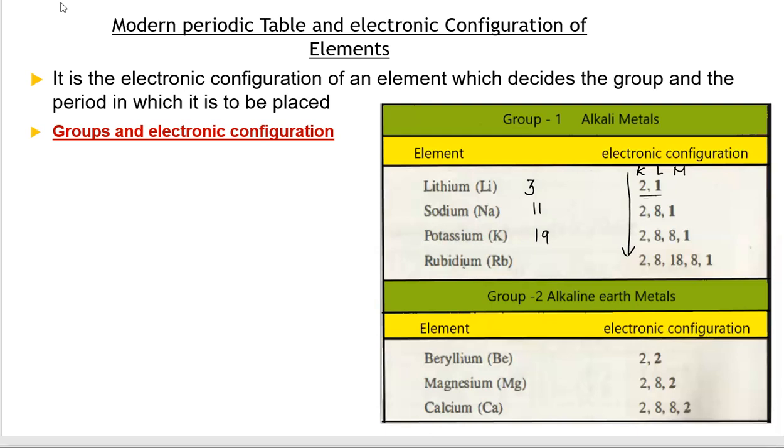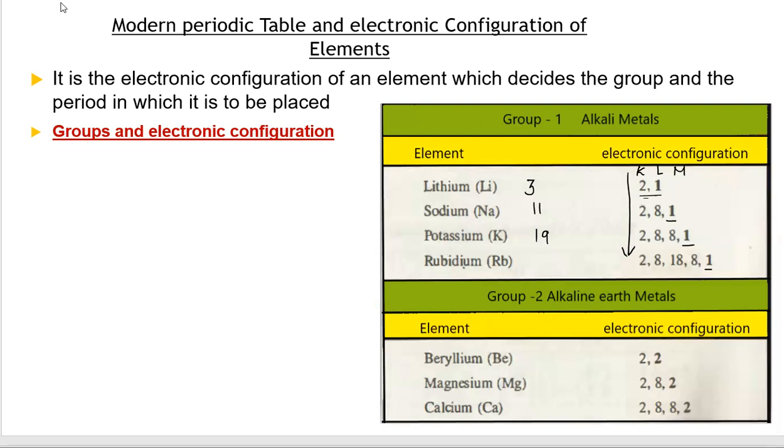But the number of electrons in the outermost shell, the outermost electrons, which are known as valence electrons, is the same. Number of shells increases by one, but the number of electrons in the outermost shell is the same.